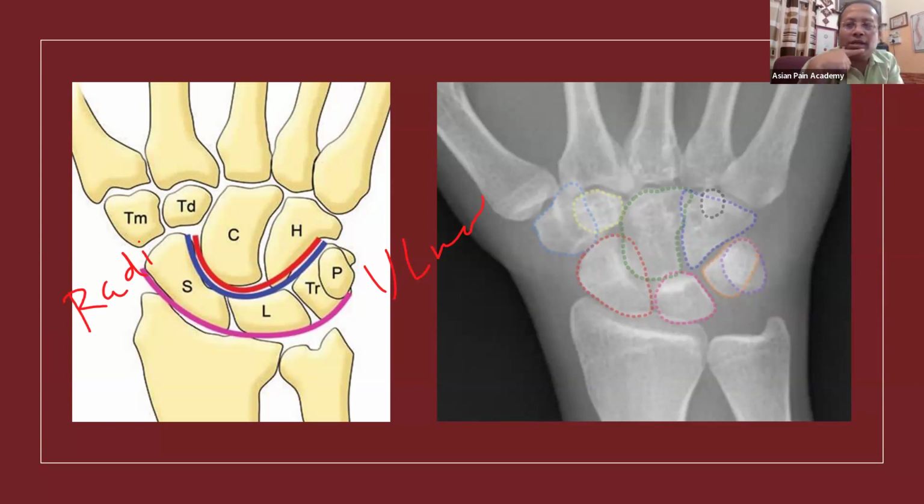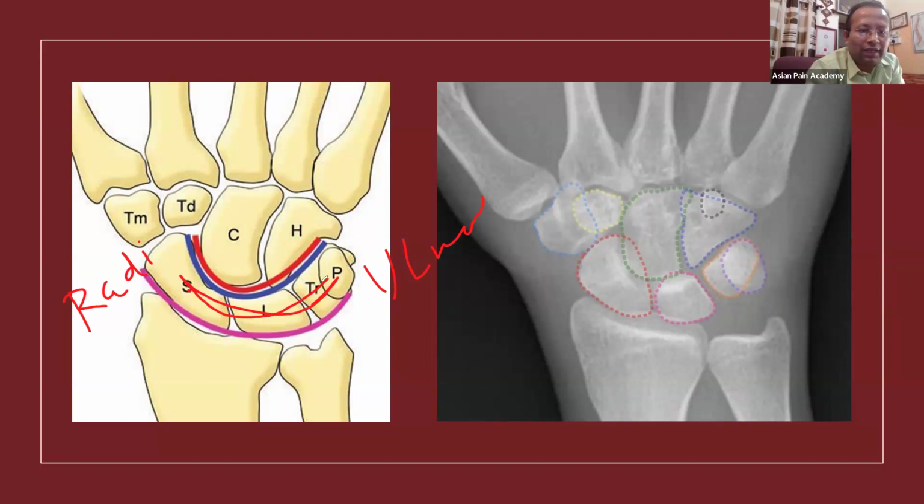So remember, from our MBBS days, there is a mnemonic we used to use. I don't know if everyone used or not. That is, she looks too pretty, try to catch her. So she looks too pretty, the proximal row of all the bones.